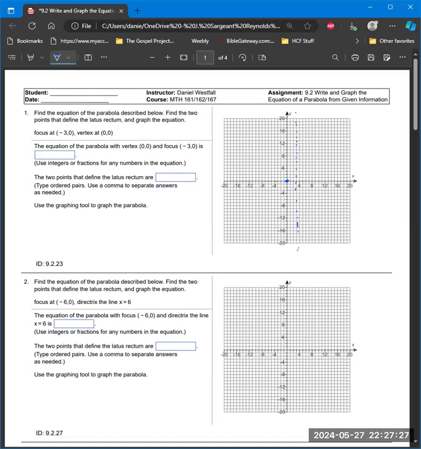The equation is going to be y squared equals 4a x, because it's going to open to the left.